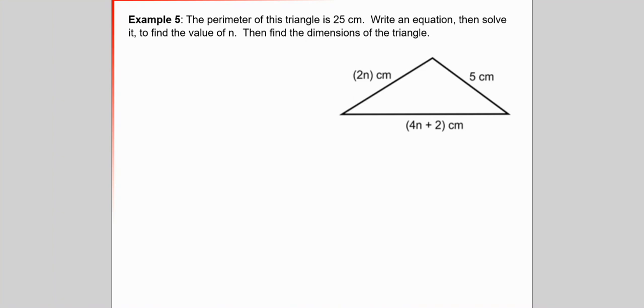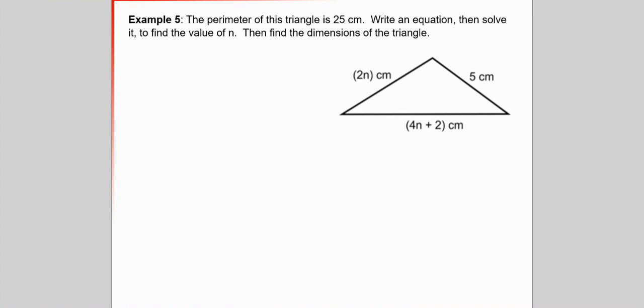So the perimeter of this triangle is 25 centimeters, so all around would add up completely to 25. Write an equation, then solve it to find the n value. So n is like some variable in scaling length, but we don't know what it is. It's some variable that scales the triangle bigger or smaller. If we change that, it would change the dimensions, but whatever that may be.